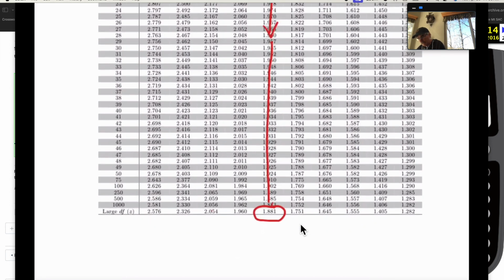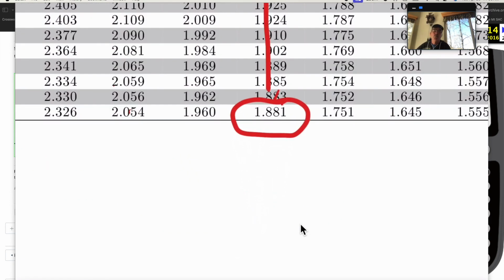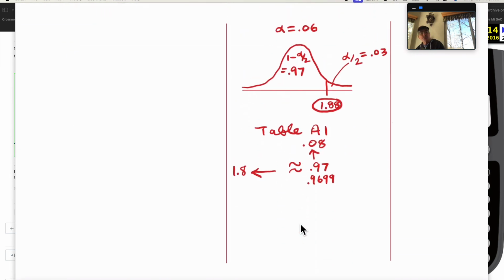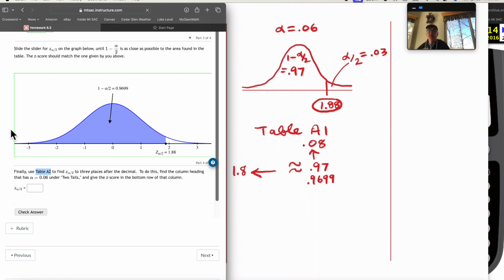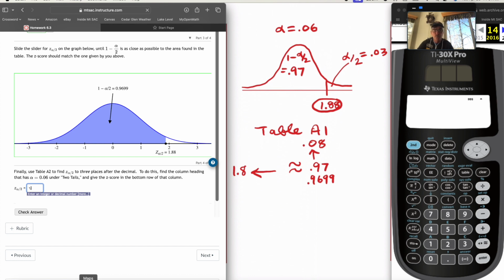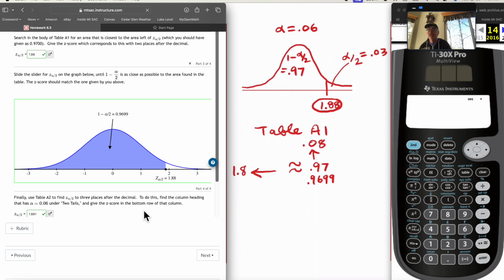And you can see we get a little more precise value. 1.881 is better than our 1.88 that we did here. And it's just asking what's the more precise value now from table A2. 1.881 is our correct, more precise value here.